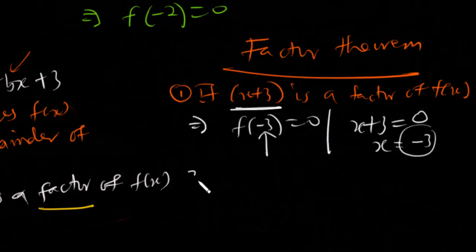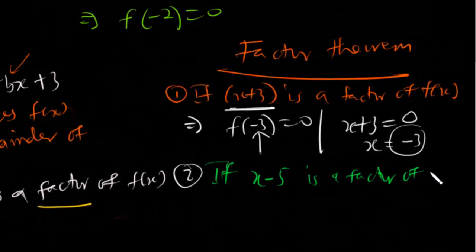Let's take another example. If you are told that the linear factor x minus 5 is a factor of another function, say g of x, then what we can say is that g of 5 is equal to 0.